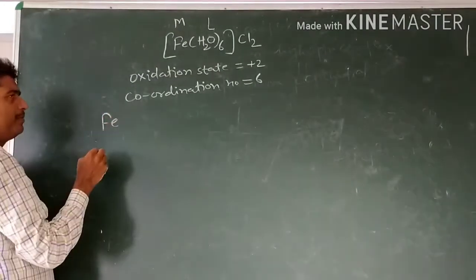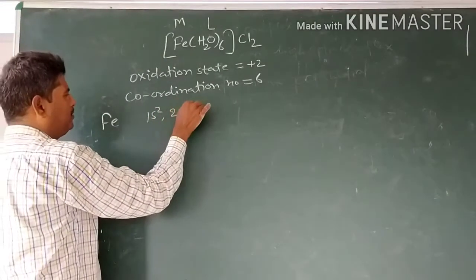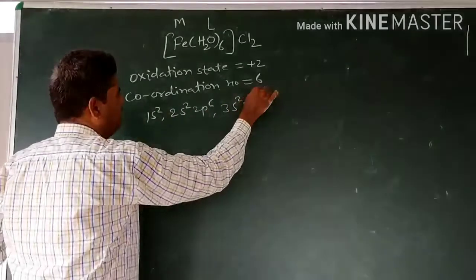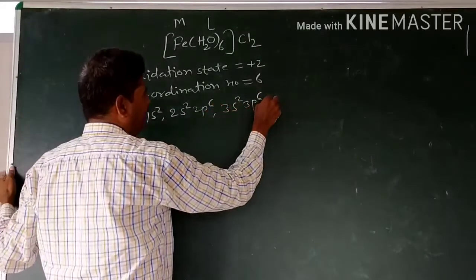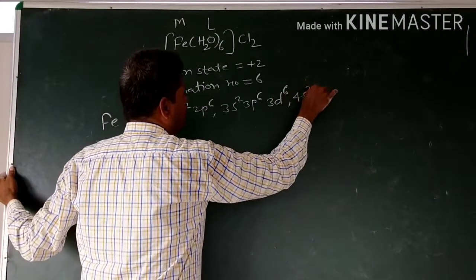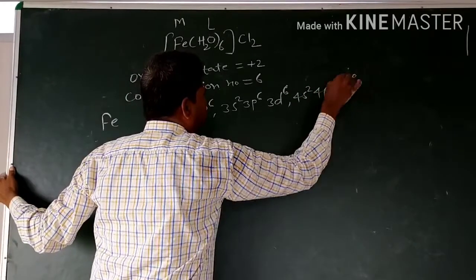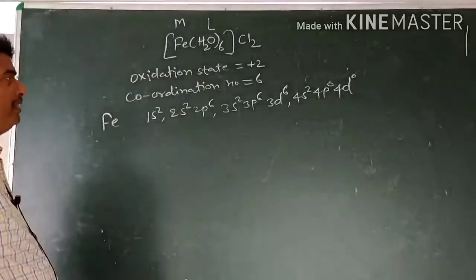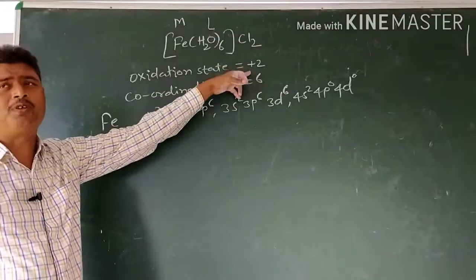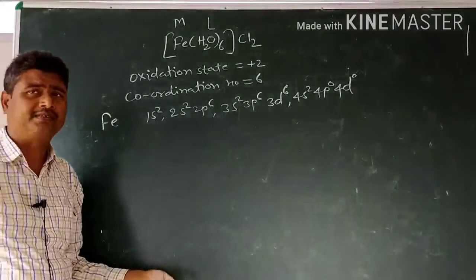Now electronic configuration of Fe: 1s2, 2s2, 2p6, 3s2, 3p6, 3d6, 4s2, 4p0, 4d0. Being oxidation number plus 2, we have to remove 2 electrons from the outermost shell of the Fe.